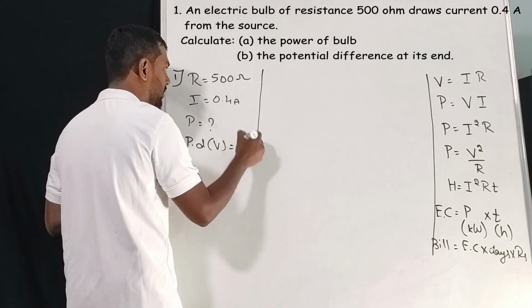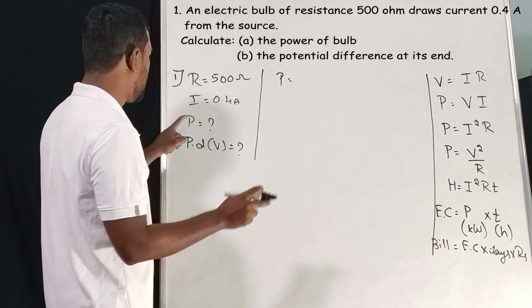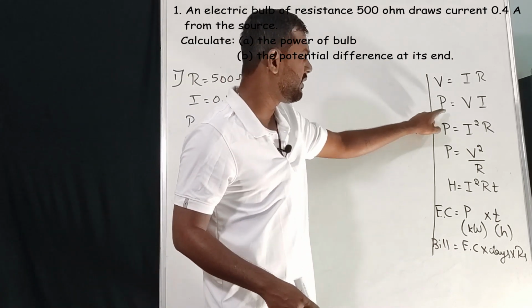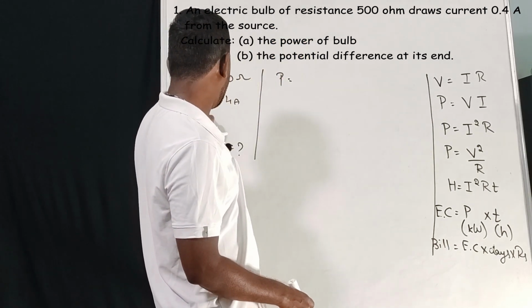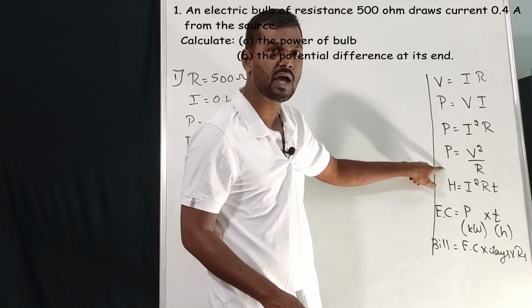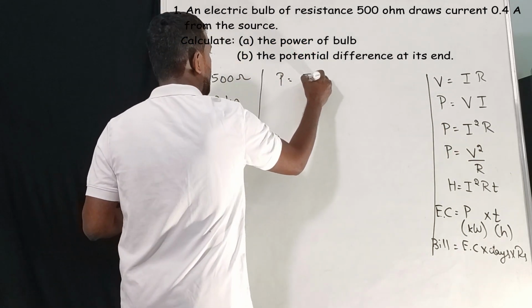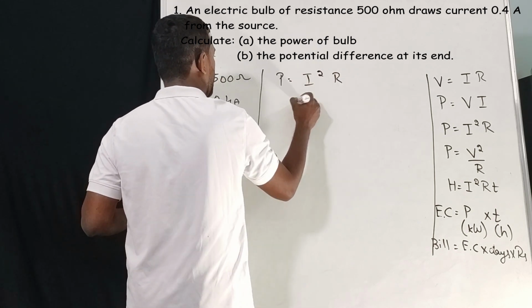First we'll find power. What are the given data? I and R. Power has three different formulas. Out of these three, which has only I and R? The second one, so we'll use that formula. I square R. What is I?